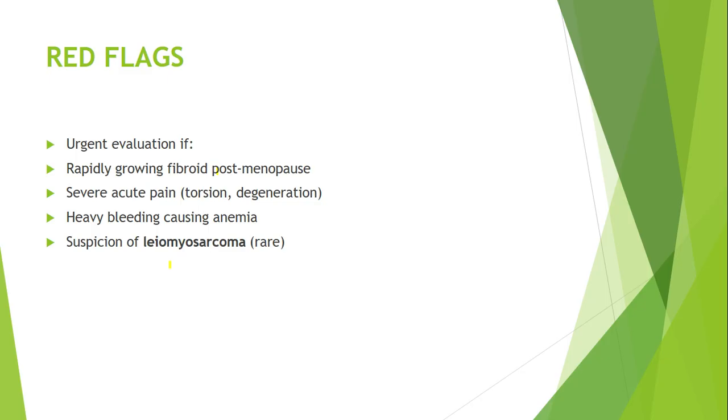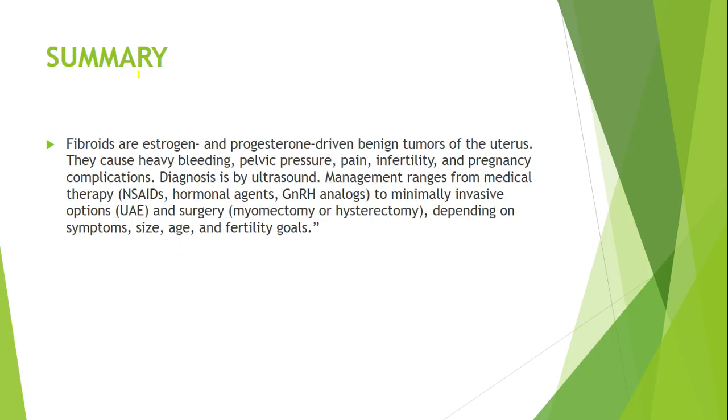malignant tumor. So in summary, fibroids are estrogen and progesterone driven benign tumors of the uterus. They cause heavy bleeding, pelvic pressure, pain, infertility, and pregnancy complications. Diagnosis is by ultrasound.